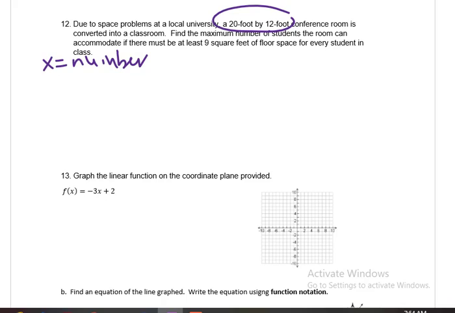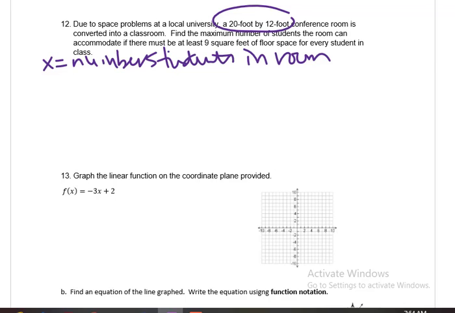Now, the comparison that they give us is in square feet. So they found that 9 square feet of floor space for every student. The dimensions that are given to us are for the entire room, and the number of students in the room is what we're looking for. We get the dimensions. So we need to know the square footage of the room.